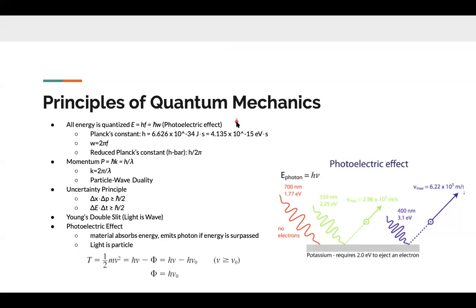Are there any questions about this? The essential thing to get from quantum mechanics is that particles can be expressed as waves and vice versa. We'll see some examples of that in some later slides.